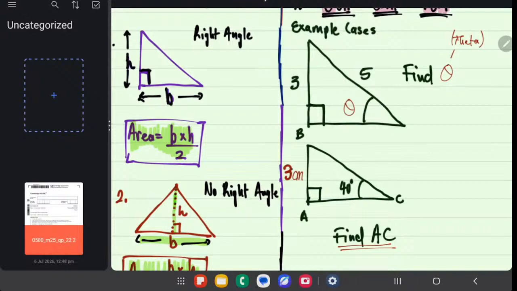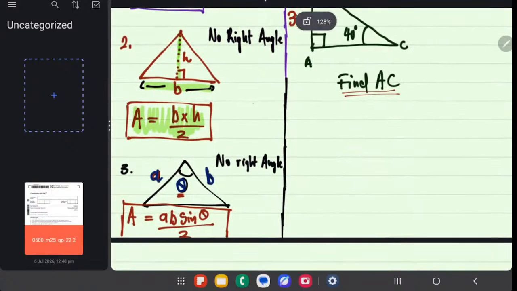If they give you a triangle, remember a triangle is an easy shape. Do you all agree with me that a triangle is an easy shape with just 3 sides? So now we are no longer finding area. Area means all this space inside. We have seen the 3 formulas for area. It's just base times height over 2.